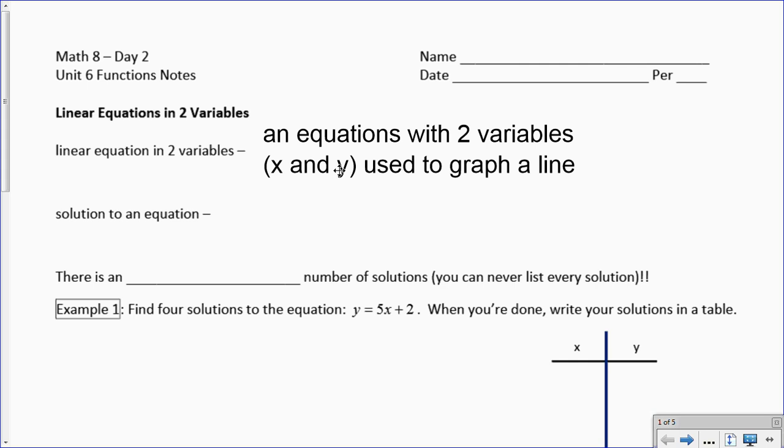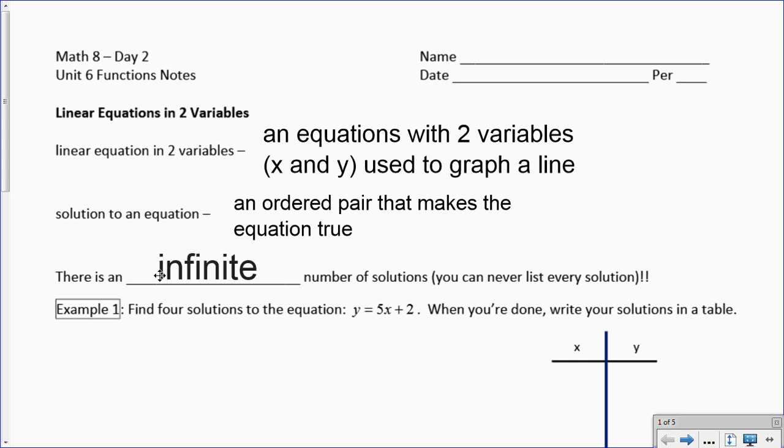Solutions to these kind of equations are ordered pairs, and these ordered pairs, when you plug them in for the x and y in the equation, make the whole statement true. Now, because we're talking about a line that goes on forever, and that's made up of ordered pairs, there are infinite number of solutions. So we're not going to be able to list them all. That's why we graph the line instead. But again, we're going to hold off on graphing until later.